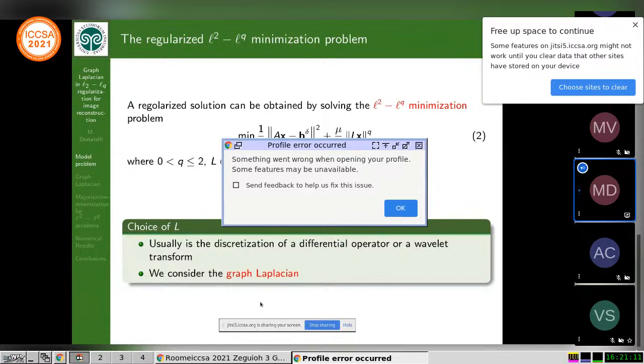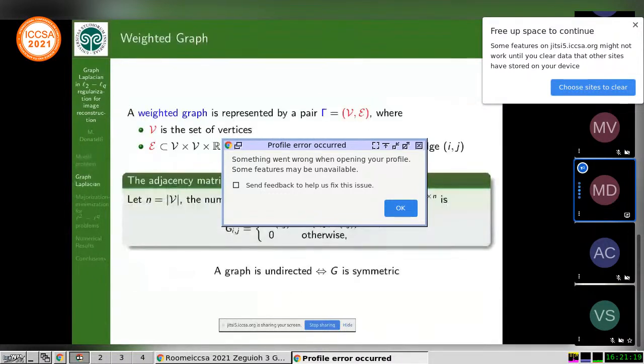So we need to introduce the graph Laplacian for images. Just to fix the notation, for a weighted graph we define the set of vertices and the associated weight for each edge, which is a non-negative number if the edge exists.